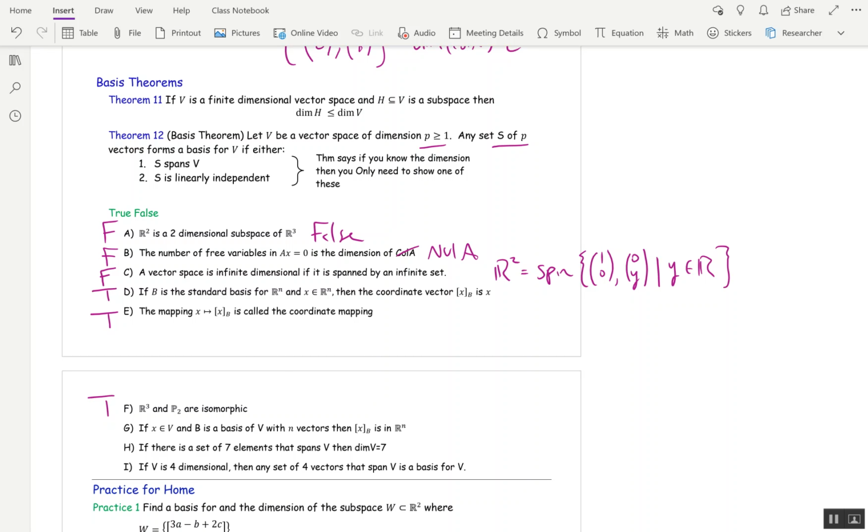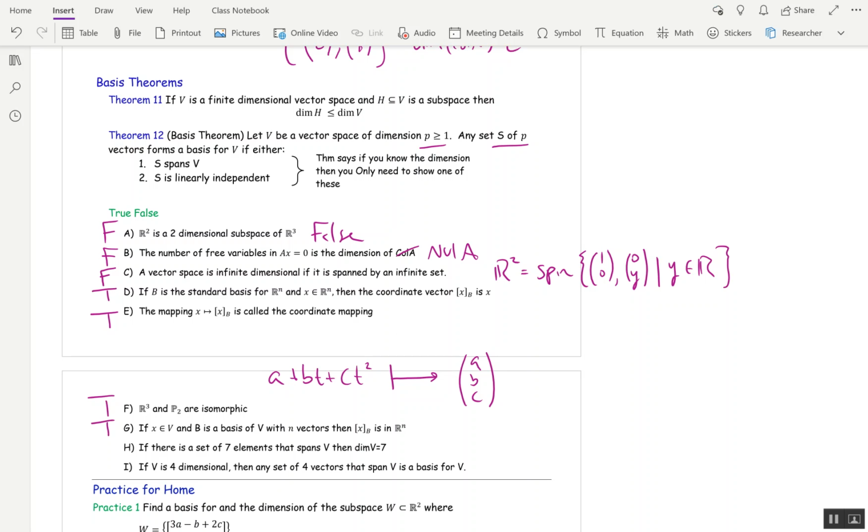You take a polynomial, a plus bt plus ct squared, and under the isomorphism, it gets mapped to the vector a, b, c in R3. Okay, if x is in V and B is a basis of V with n vectors, then [x]_B is in Rn. That's true. You'll get one entry for each of the basis vectors, so that's definitely true.